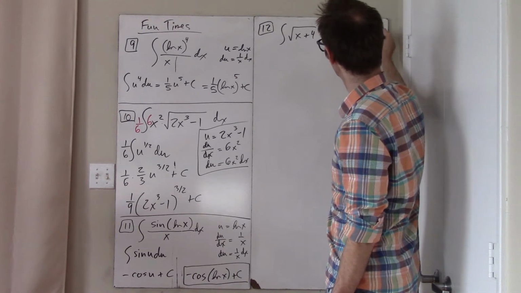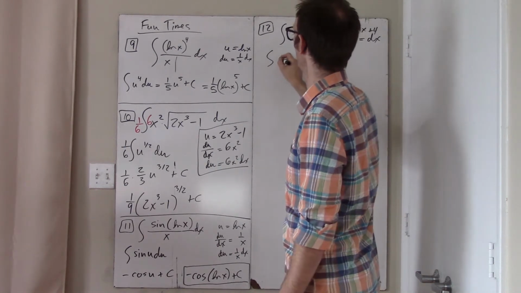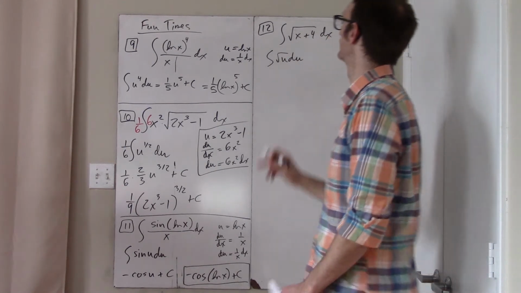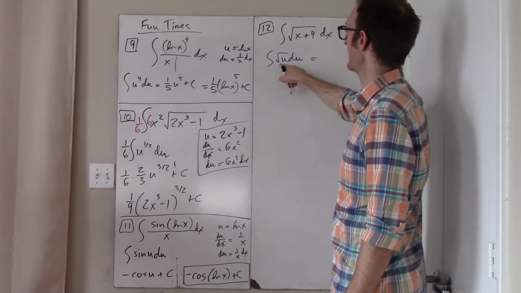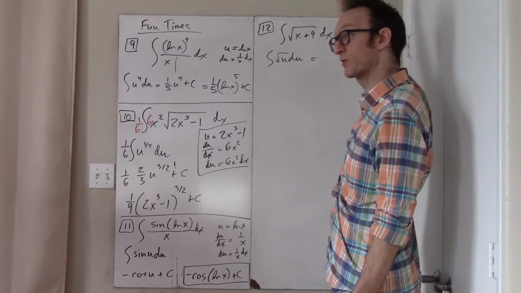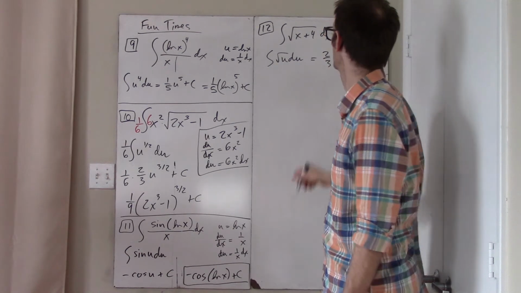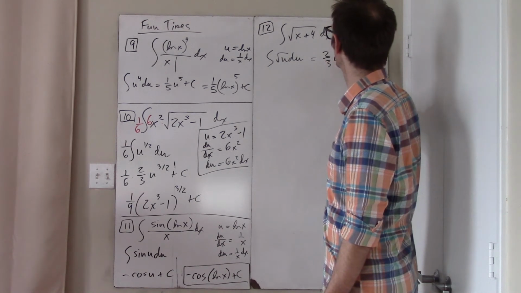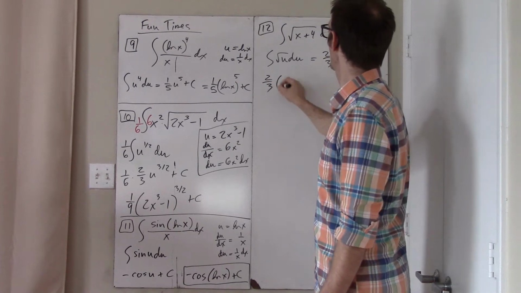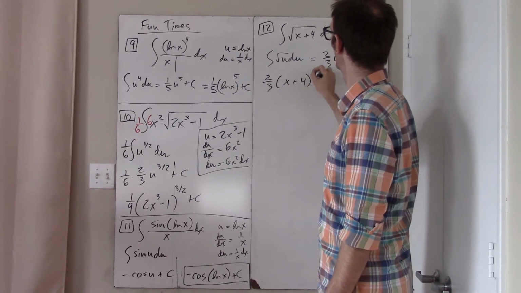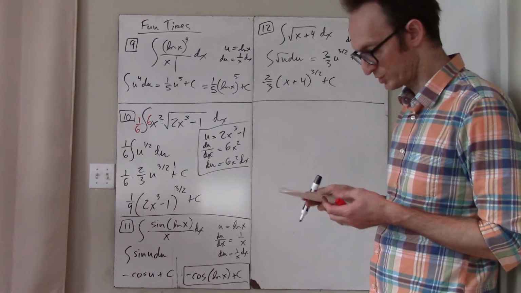So that du is then just dx in this case, and if du is just dx, then this whole thing can be written as root u du. So that's u to the 1/2. What's the antiderivative of u to the 1/2? Up a power to 3/2, divide. So like I just did a minute ago, I think it's 2/3 u to the 3/2 plus c. And so this whole problem is then 2/3 (x plus 4) to the 3/2 plus c. Okay. Good.